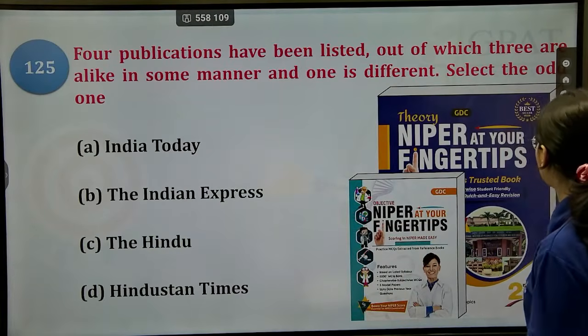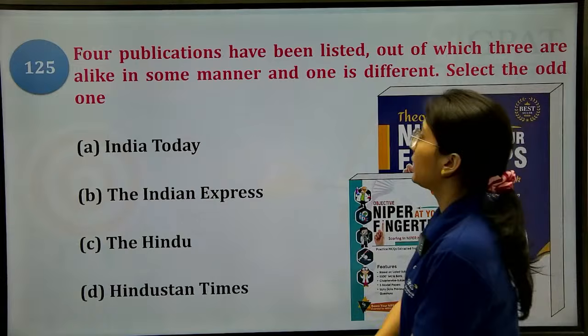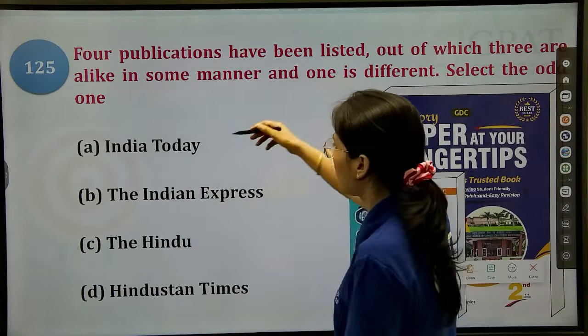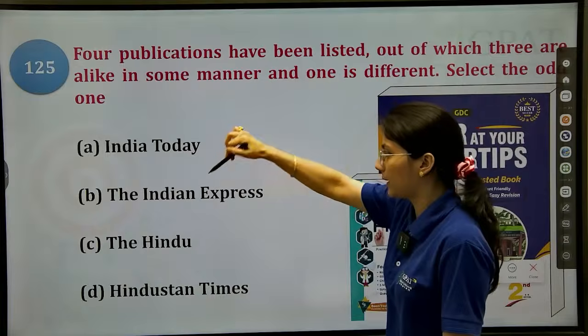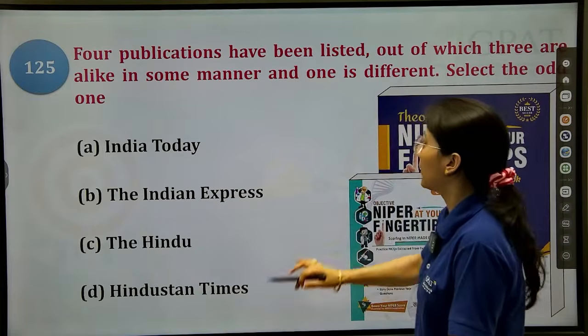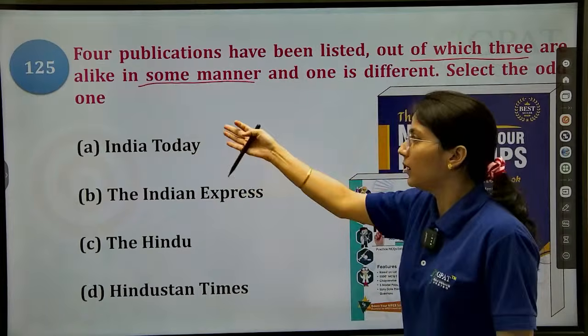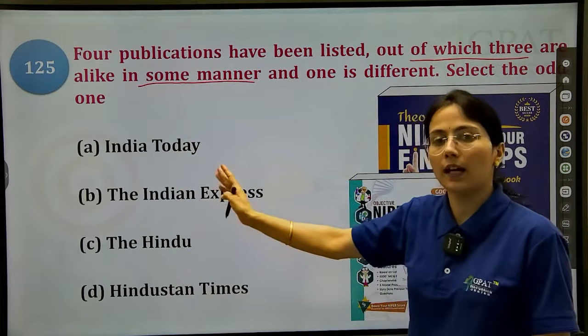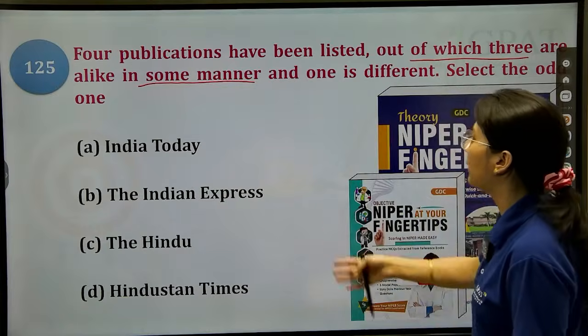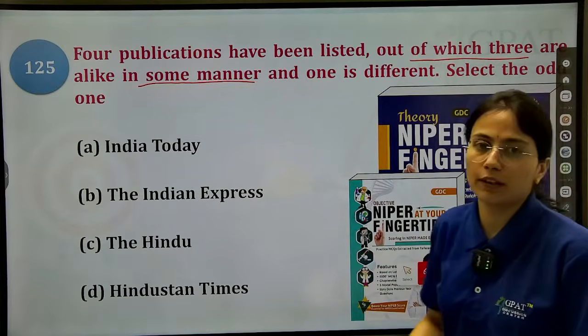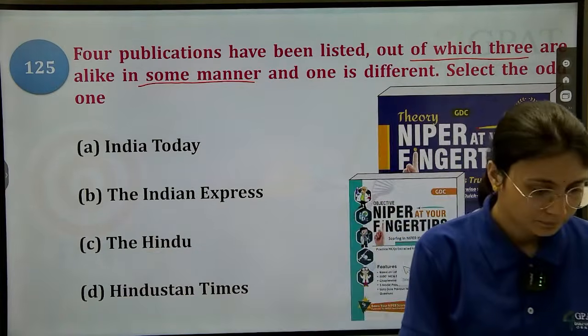Now, next question: 4 publications have been listed, that is India Today, Indian Express, The Hindu, Hindustan Times. Out of these, 3 are alike in some manner and 1 is the odd one. You have to find the one that is different from the others.